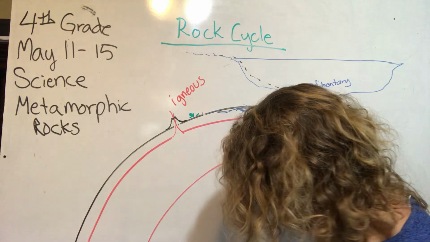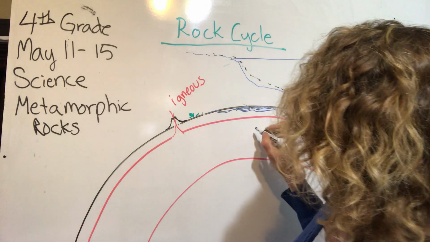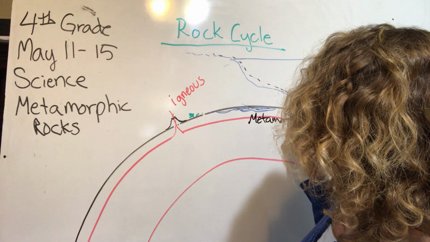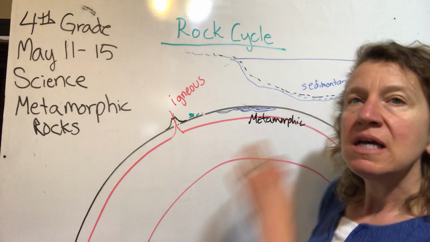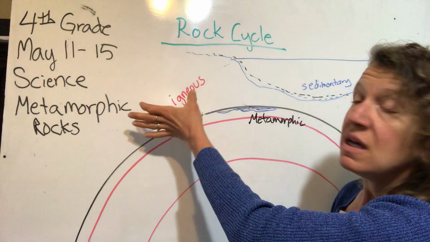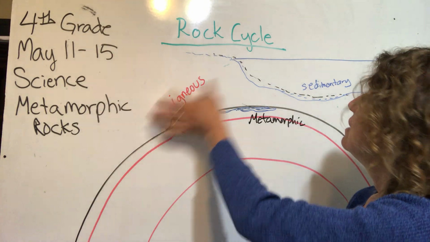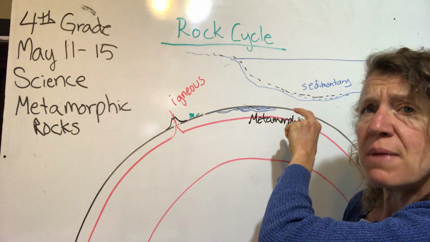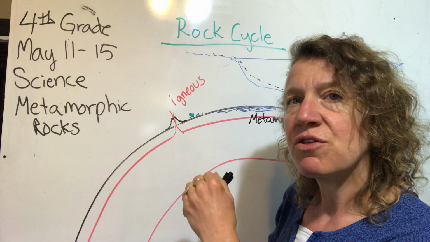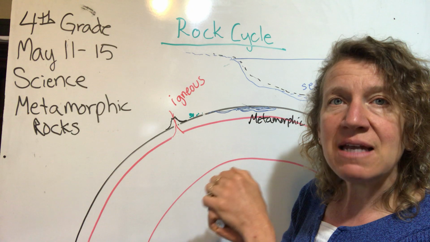And then we have metamorphic rock, and metamorphic rock also forms underneath the Earth's crust, and that's when an existing igneous rock, sedimentary rock, or even another metamorphic rock undergoes change inside the Earth due to the extreme heat and pressure.